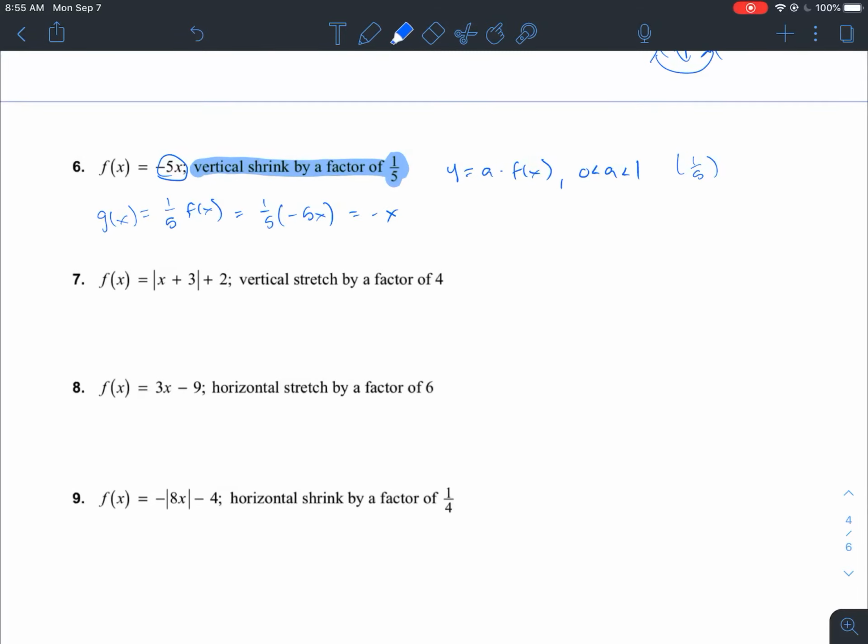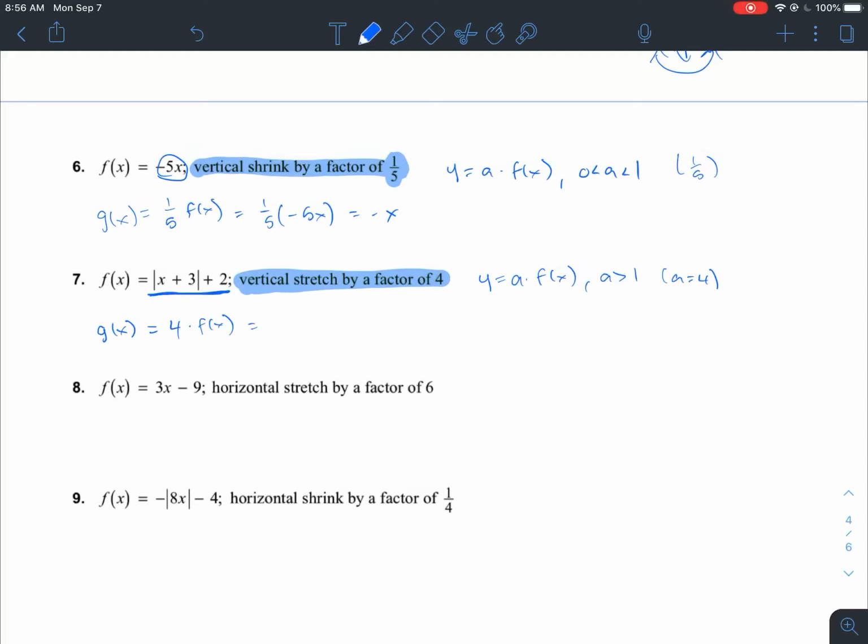Okay, for 7, a vertical stretch by a factor of 4. So we're still talking about a vertical stretch, so that's y equals a times f of x, but a is greater than 1, a is equal to 4, which means we're going to stretch by a factor of 4. So g of x is equal to 4 times f of x. This is f of x right here.